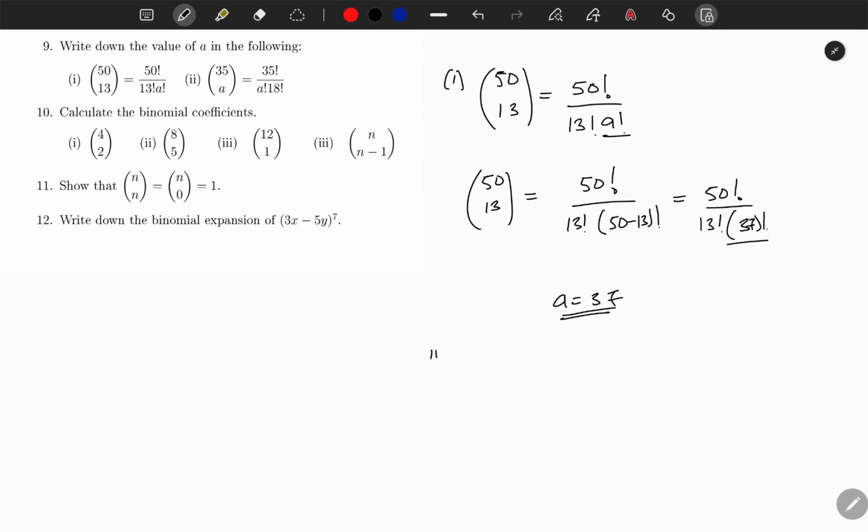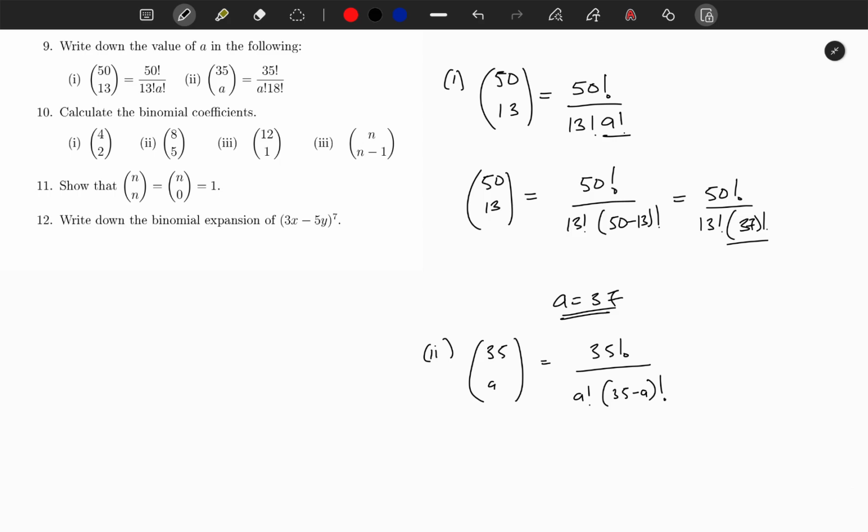You can do the same for part 2. It's still the same, 35a. So this will be equal to 35 factorial over a factorial, then you have 35 minus a factorial.